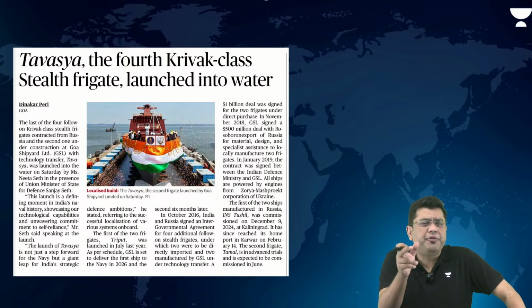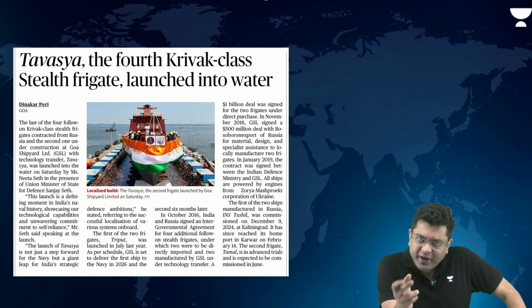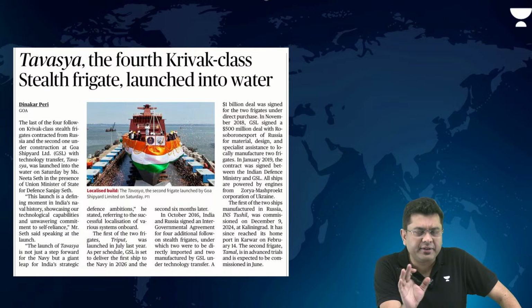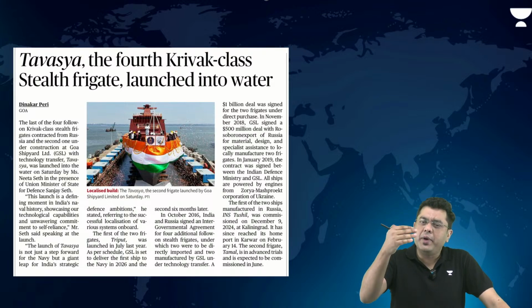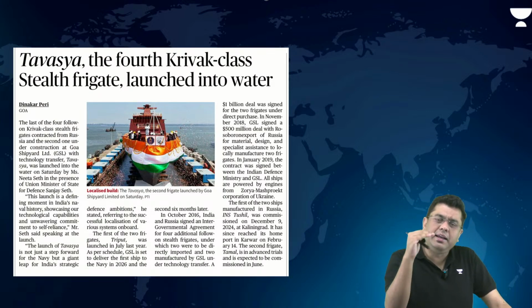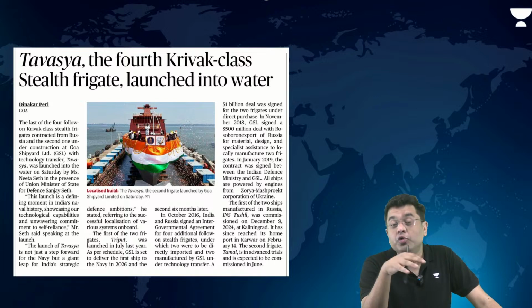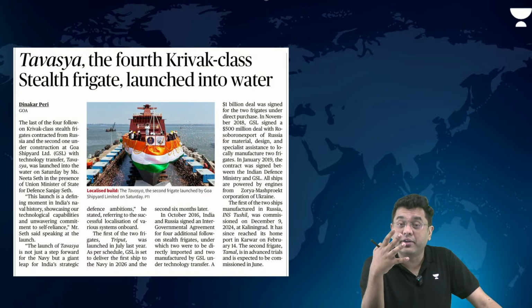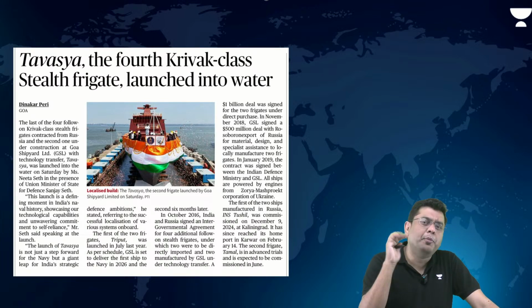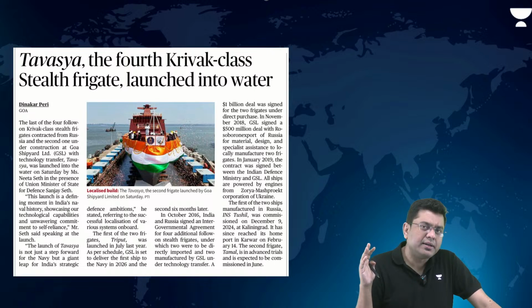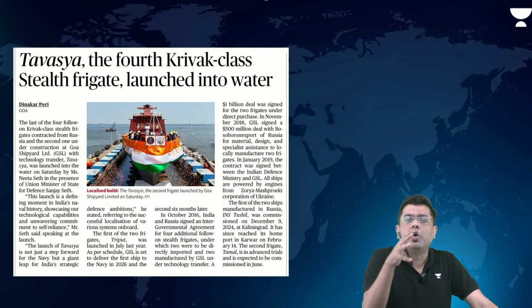Now, what are frigates, by the way? Frigates are those navy ships, in the simplest of terms, which are in a category slightly lower than destroyers. You have the Vishakhapatnam class, Kolkata class destroyers, so frigates are slightly smaller than destroyers, right? And in the same range as corvettes.